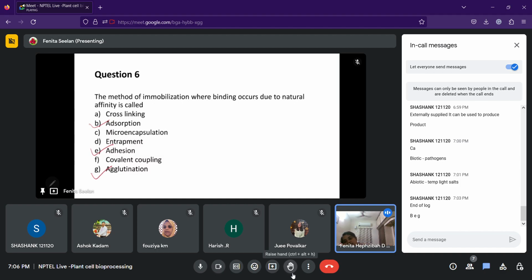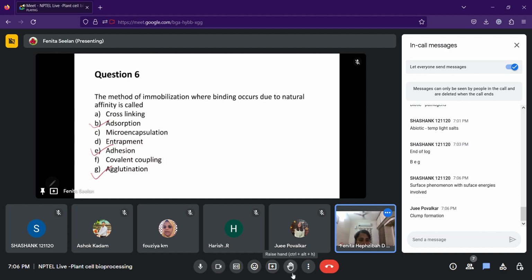What is agglutination? Adsorption is naturally due to the weak forces of attraction between the adsorbent and the adsorbate. Adhesion is when anything which has a sticky nature can have affinity towards something, so things get stuck to each other.